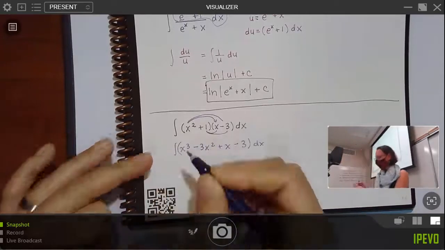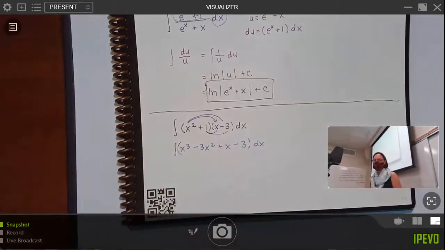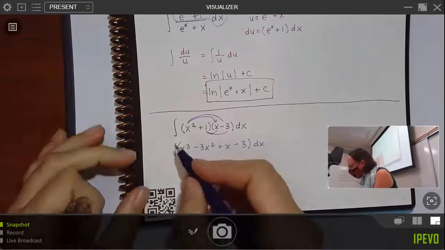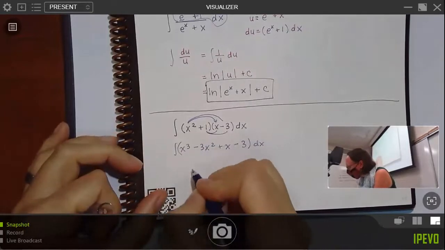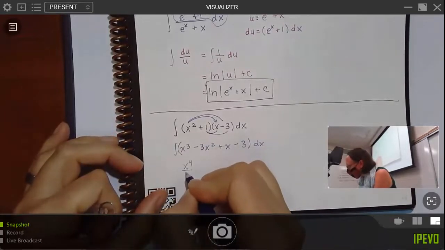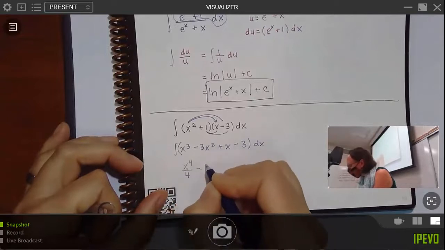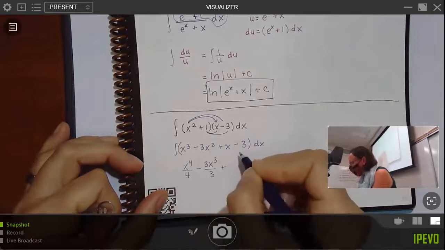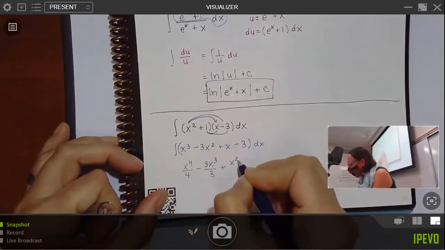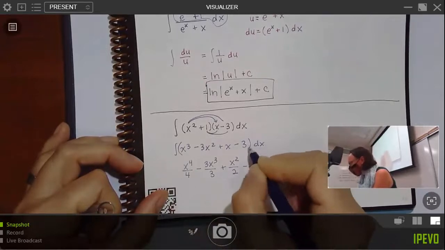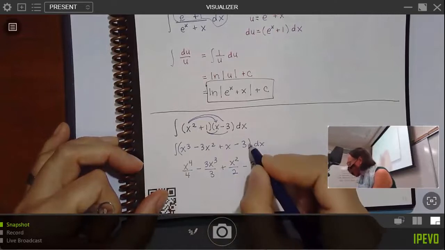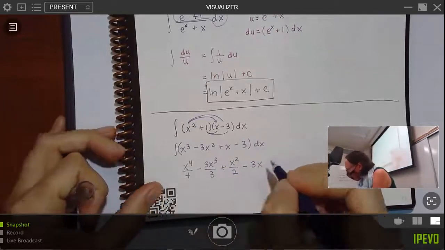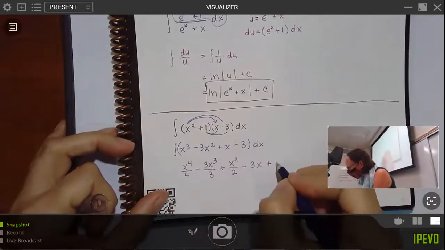And then we'll just apply our power rule to each piece. So if I integrate x cubed, I'll add 1 to the exponent, divide by the new exponent, add 1 to the exponent here, divide by the new exponent, add 1 to the exponent, divide by the new exponent, and I get negative 3x plus a constant.